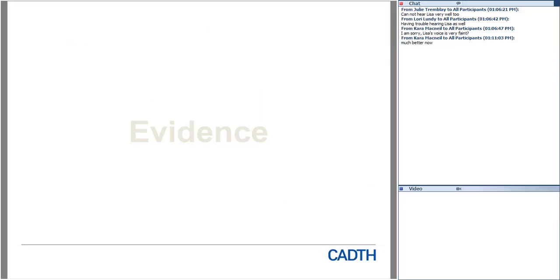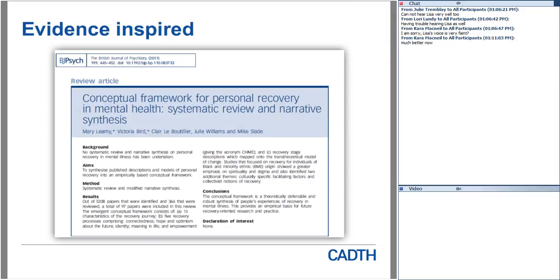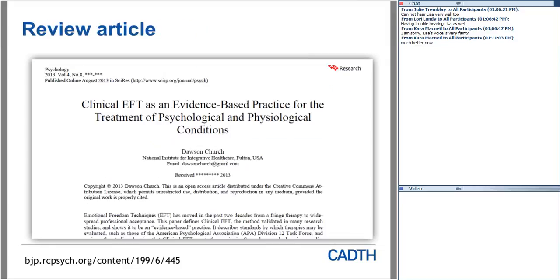So what is evidence? I'm going to give a few examples just to fill you in. Next slide. And actually, we're going to skip this one and go to the next one. Here's another example. This is not evidence, but it's a very helpful review article. The clinician who wrote this particular paper wanted to look at emotional freedom techniques for psychological and psychophysiological conditions.